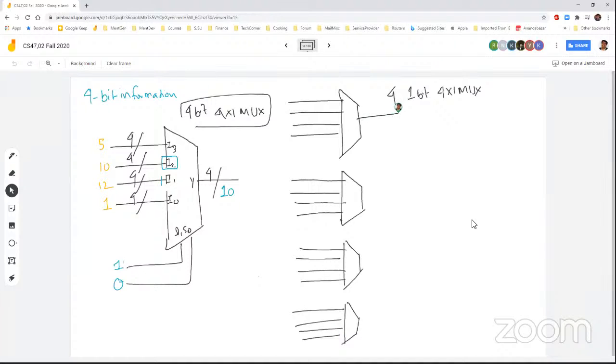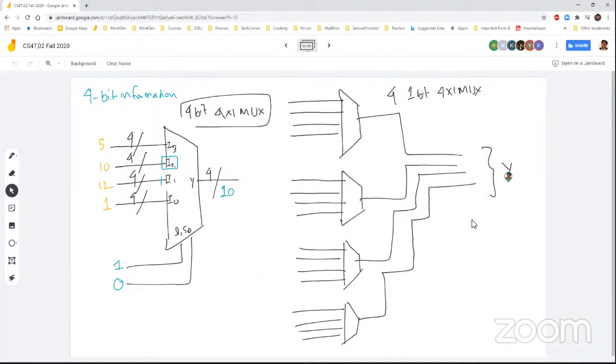And these outputs are then connected to form a bus, a 4-bit bus. So this is your Y side. And this is the individual bits of these 4 bits.